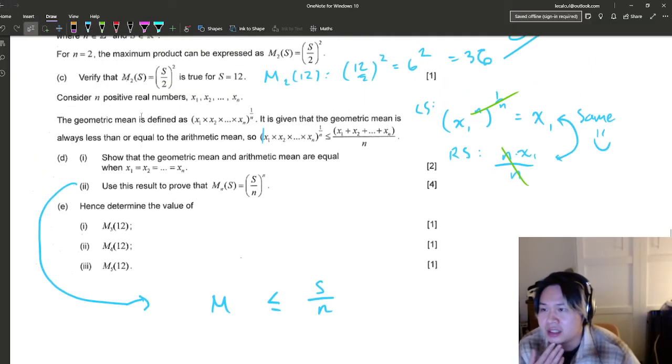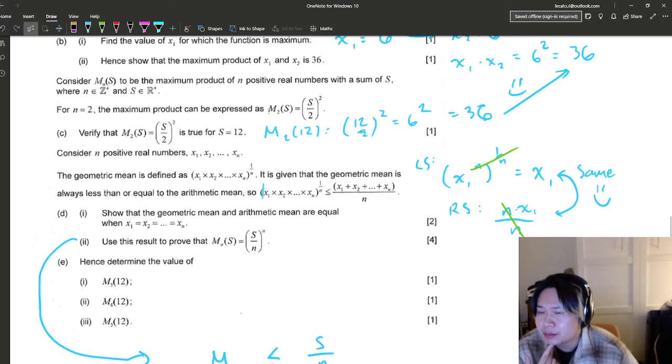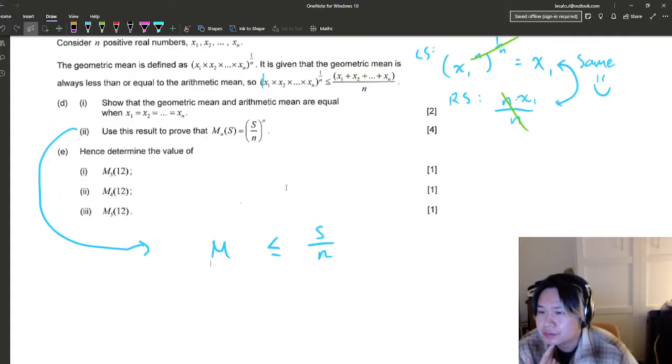I think they wanted to call it M, but M is the maximum product, right?